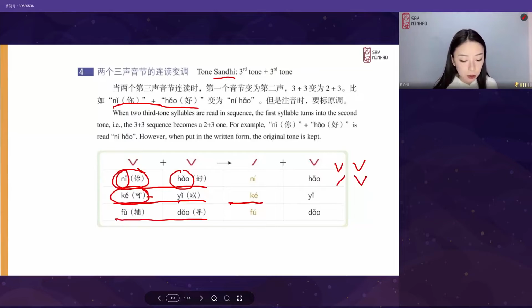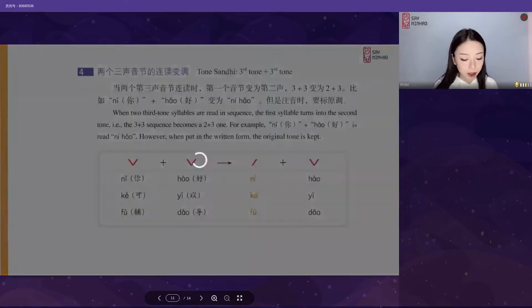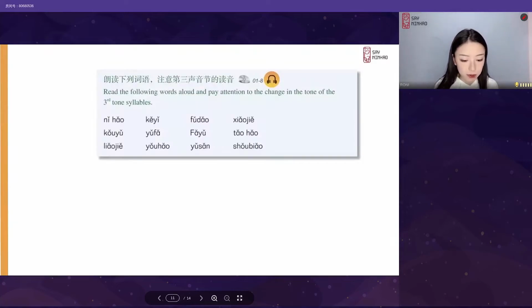Next, the last example is 辅, third tone, and 导, another third tone. So 辅导 together means coach someone, be a tutor for someone. So when they're together, we should change the first one into second tone, right? So it becomes 辅导. Read after me, please. 辅导, 辅导.